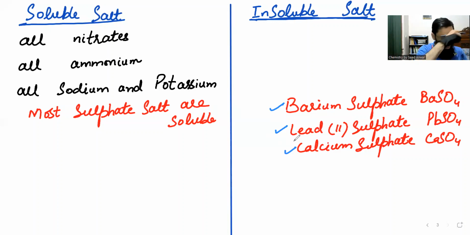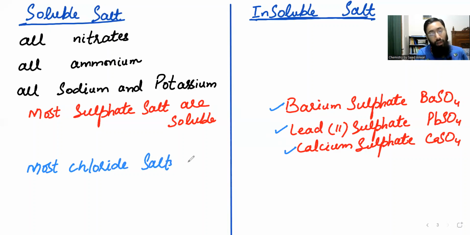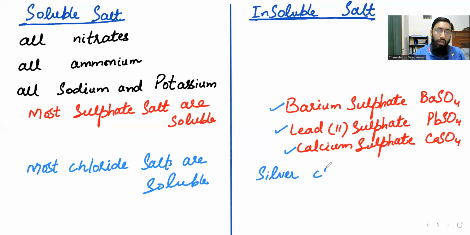Okay, guys, the next is chloride. Most chloride salts are soluble except a few. And in that column, I will write the names of those chloride salts which are insoluble, like silver chloride.